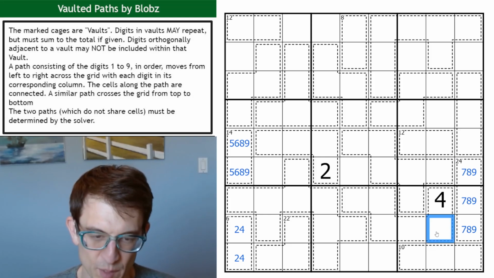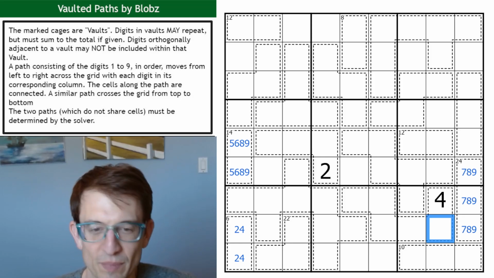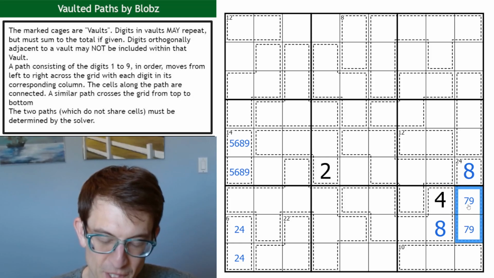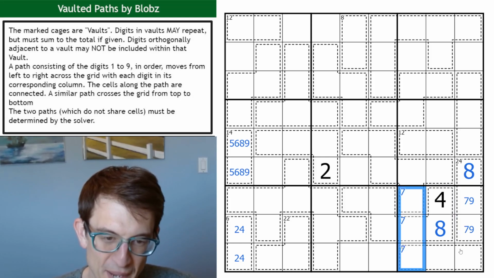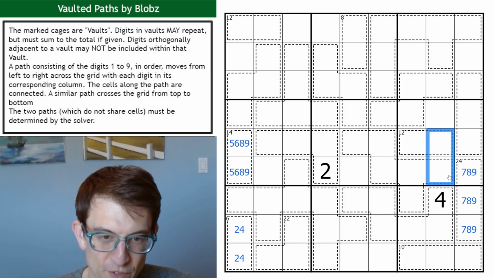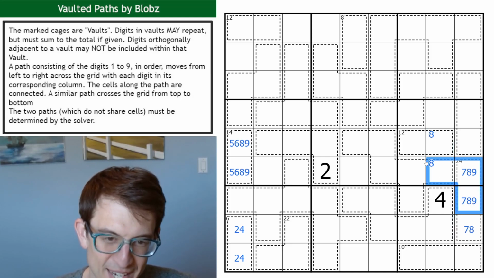So this can't be the 8 because if this is the 8, watch, we get an 8 here. But then 7, which has to be here by the 24 cage, also needs to be here by the path logic, which doesn't work. So the 8 doesn't go down here. The 8's going to be one of those 2 cells, which means that's not the 9, because the 9 has to come up to the 8 or over to the 8.